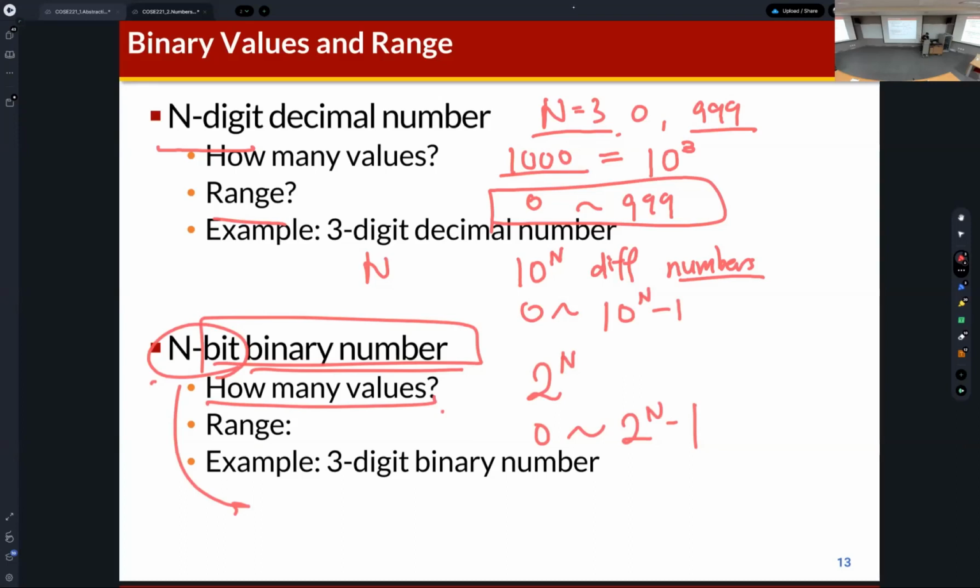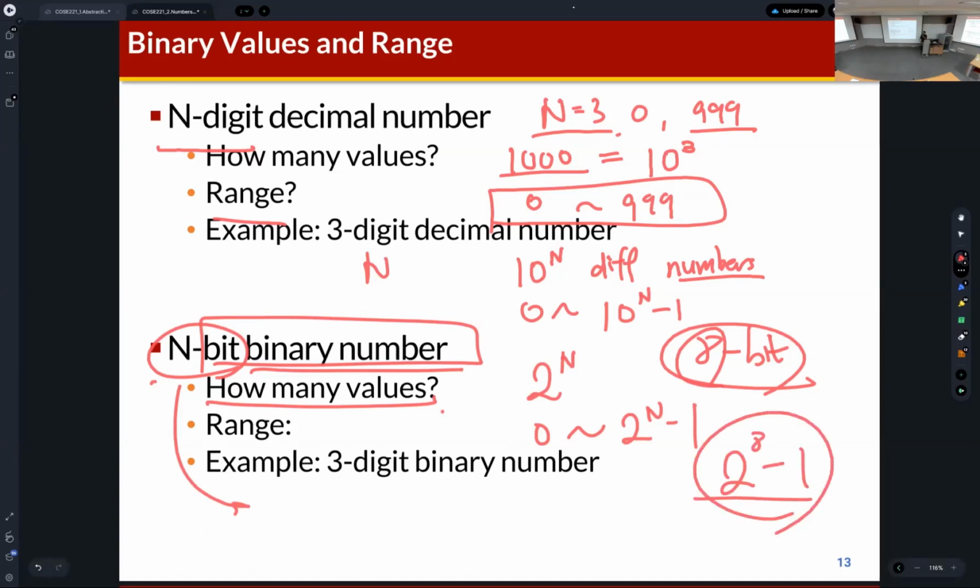So with 8 bits of memory, if the memory size is 8 bits, then what is the largest value that can be stored in this memory? Because the bit number is 8, the largest number is 2 to the 8 minus 1.